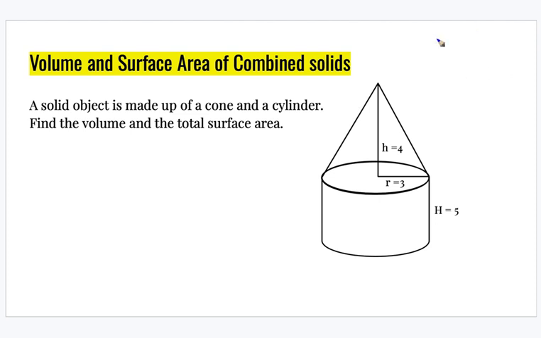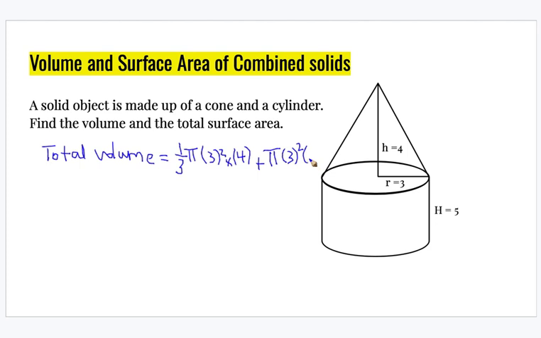So using the different formulas to find the total volume, we have the volume of the cone, which is 1/3 pi r squared times height, and the volume of a cylinder is pi r squared times the height.